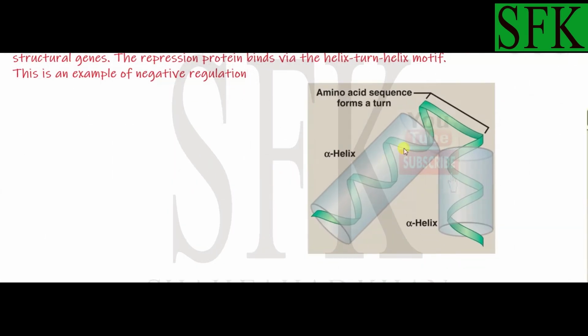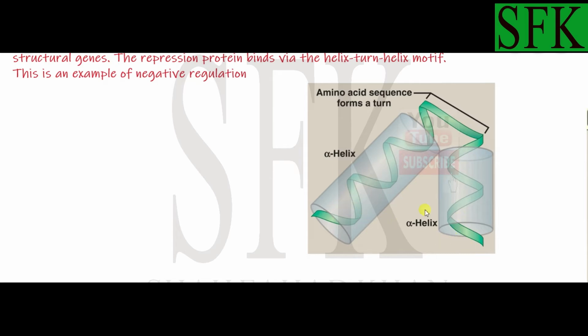Now, I've given a structure here of that motif, the supersecondary structure, helix-turn-helix. A motif is a supersecondary structure which contains more than two secondary structures arranged in a stable configuration. It contains one alpha helix, then a turn, and then another alpha helix.